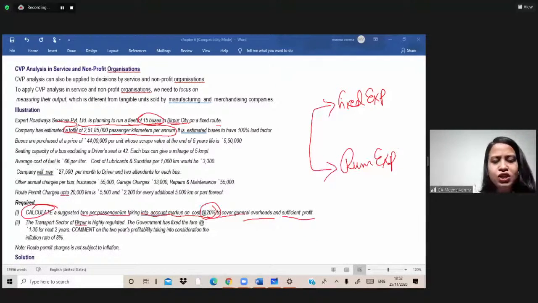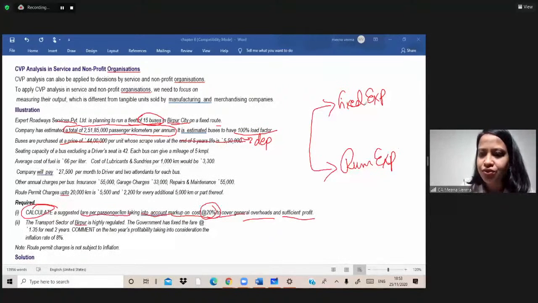It is also estimated that the buses will carry a 100% load factor, meaning all the seats will be occupied. They have given the purchase price of the bus, the life of the bus, and the scrap value, so you can calculate the depreciation here.